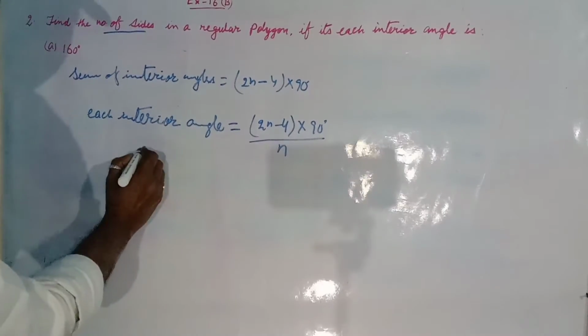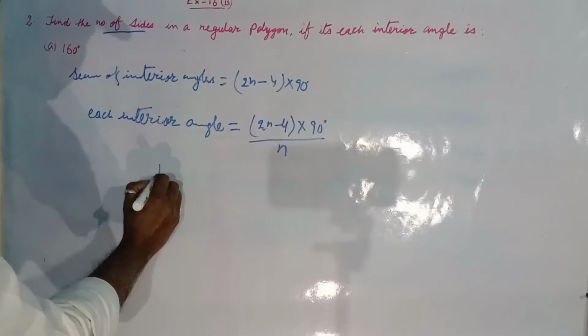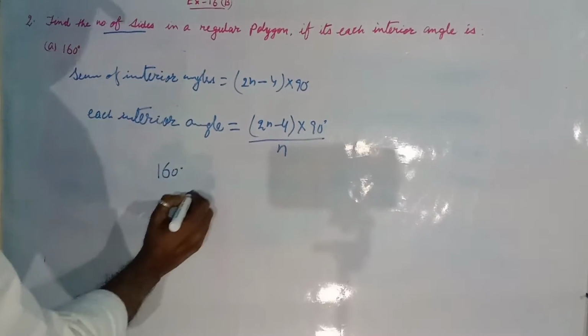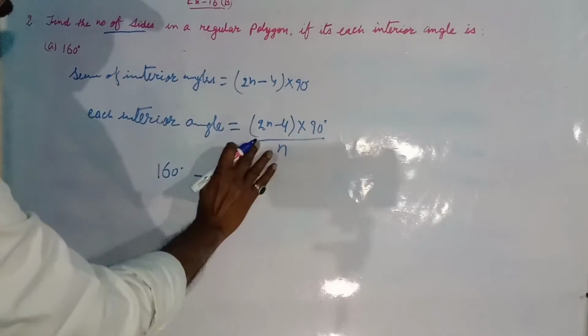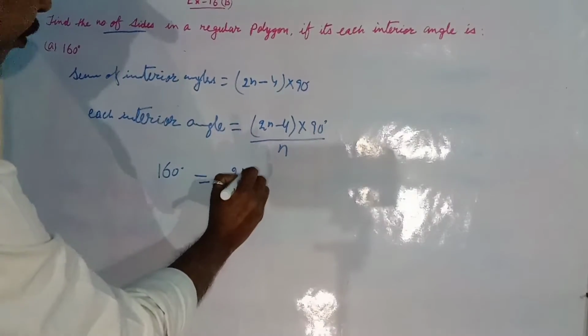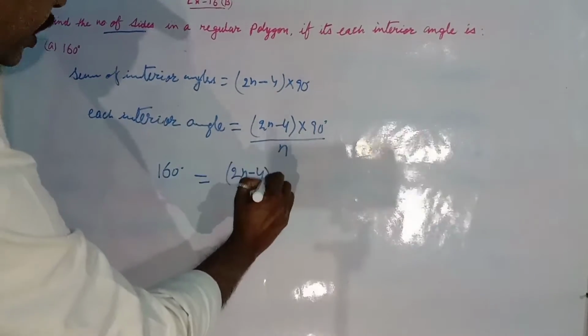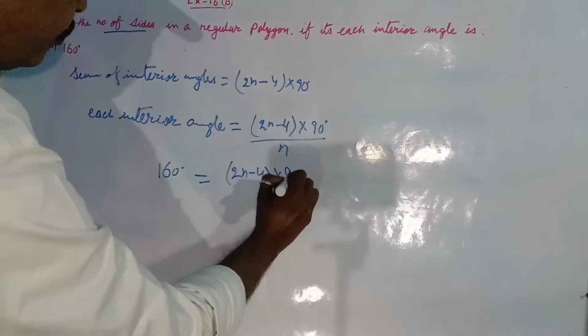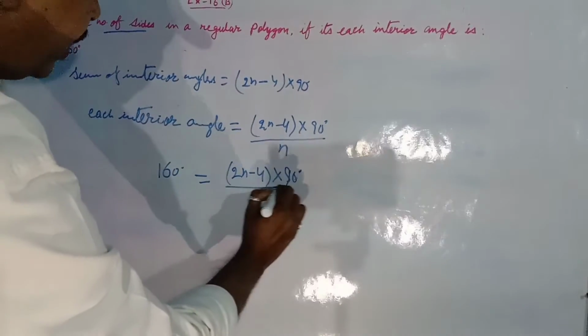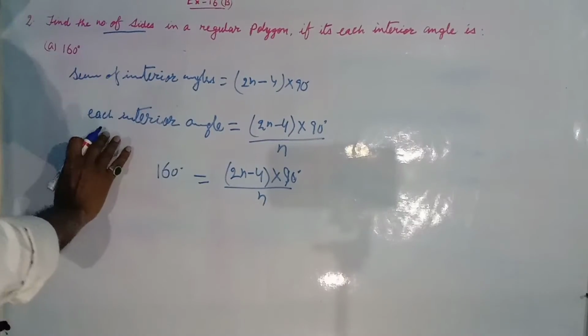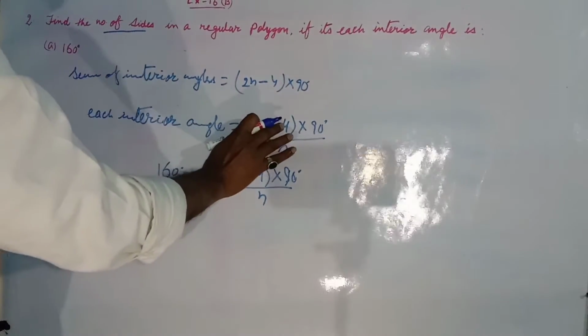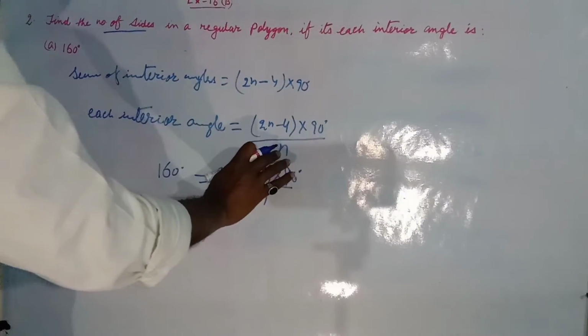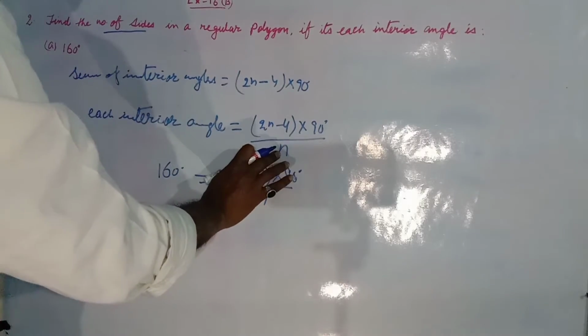Now each interior angle is given: 160 degree equals to this one, 2n minus 4 into 90 degree by n. See once again, each interior angle equals to 2n minus 4 into 90 degree by n, as we have done in question number 1.